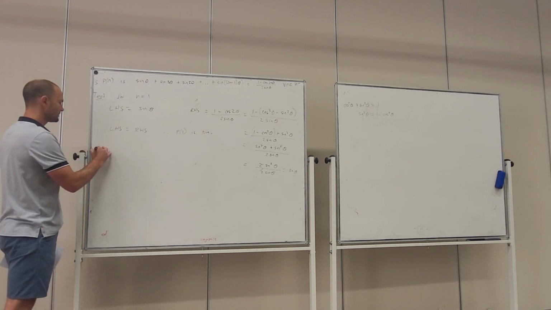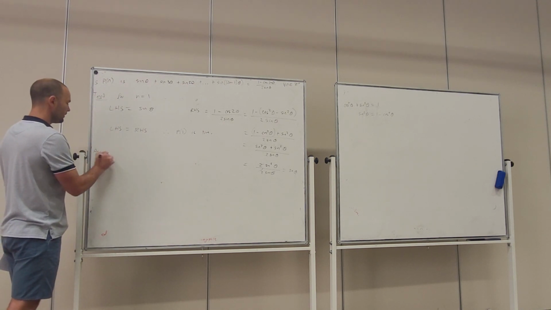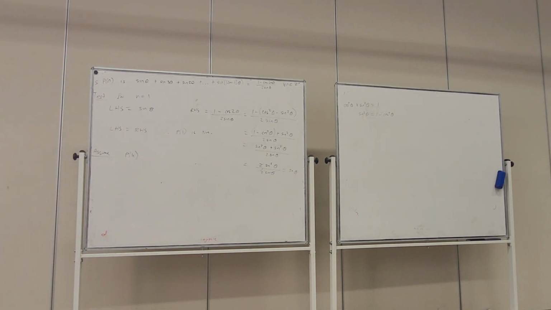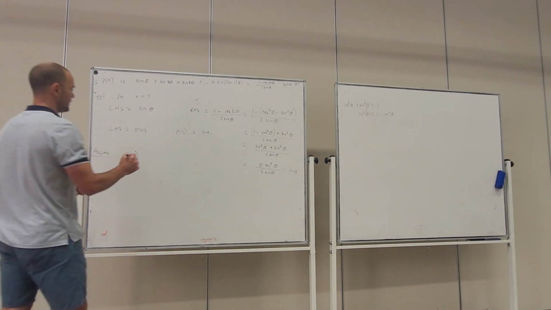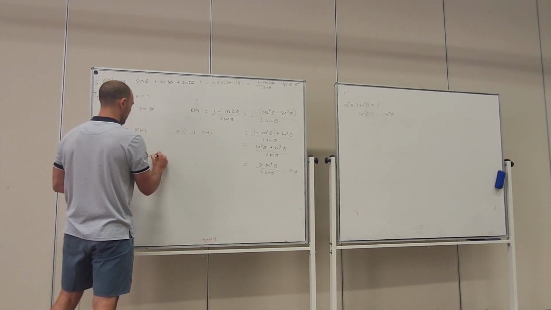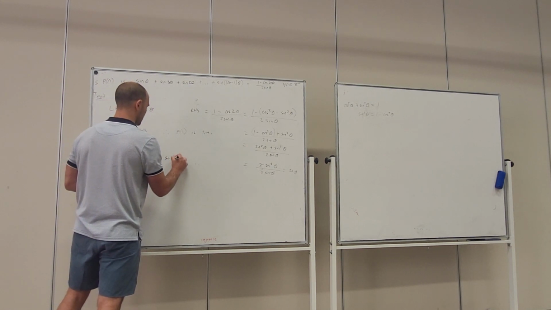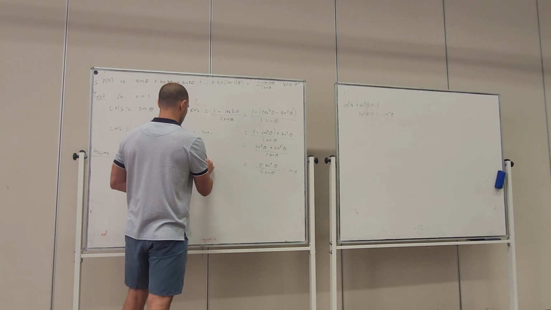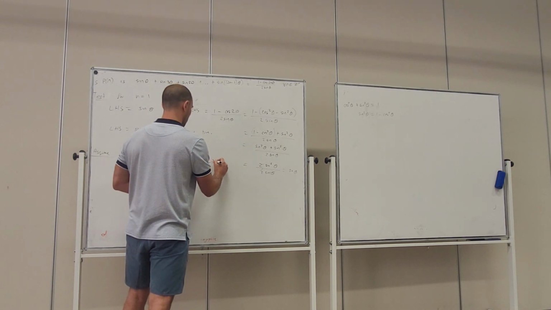We've done the test, we're up to the assumption. We're going to assume that P of K is true. Now, P of K is the exact same as our P of N proposition, except we use the letter K instead of N. Let's see if I can find a darker marker. P of K is sine of theta plus sine of 3 theta plus sine of (2k take 1) theta.